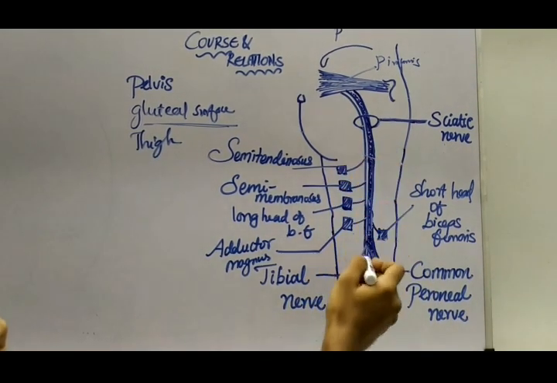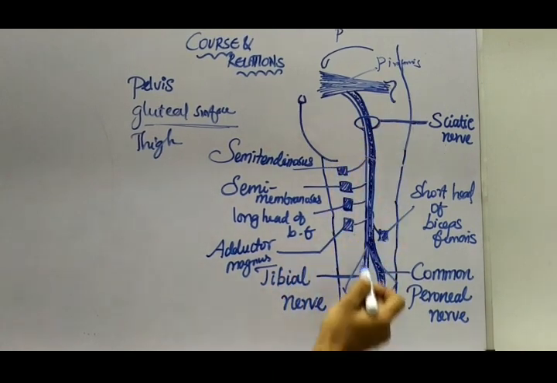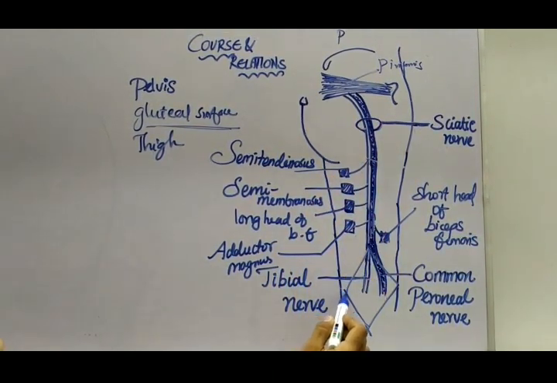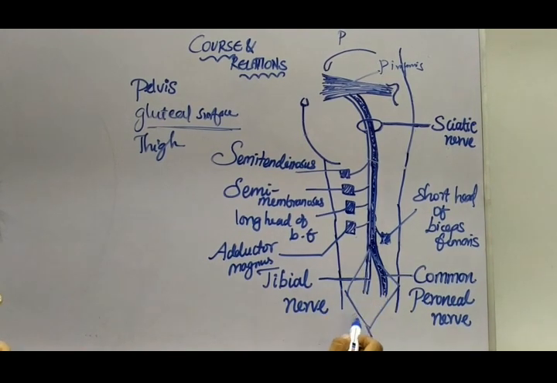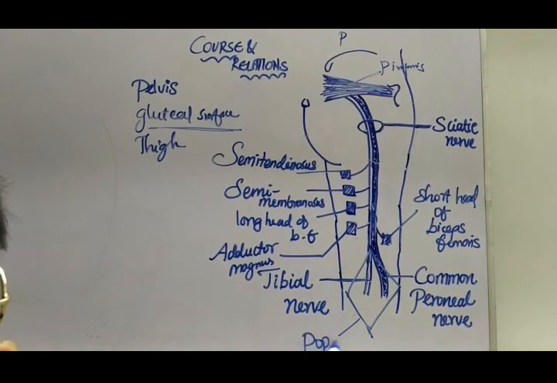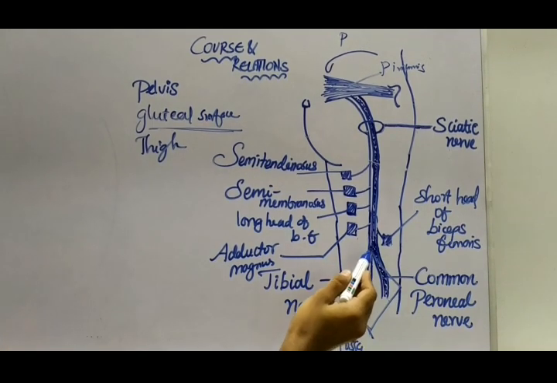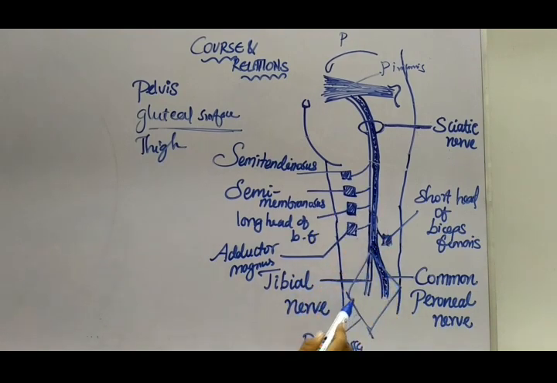And in the thigh the nerve runs vertically downwards till the superior angle of popliteal fossa. This diamond shaped region is the popliteal fossa, which is present behind our knee joint, and this is the superior angle of popliteal fossa. Here the nerve terminates into two separate nerves, which are tibial nerve and the common peroneal nerve.